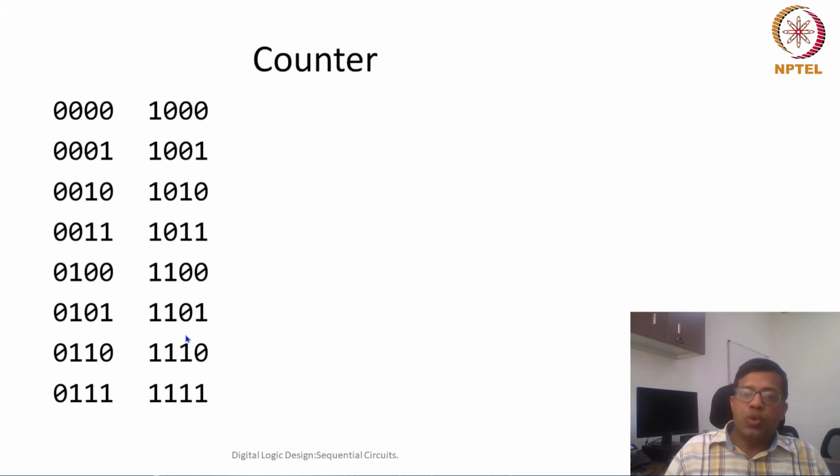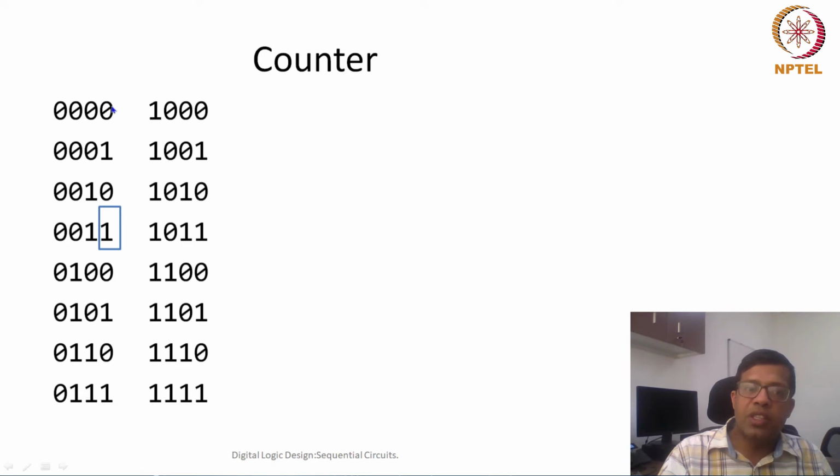So it could be a 15-bit counter, 12-bit counter, 30-bit counter, whatever. If you look closely at these values, you will see that this is the least significant bit. This least significant bit keeps alternating after every number: 0, 1, 0, 1, 0, 1.